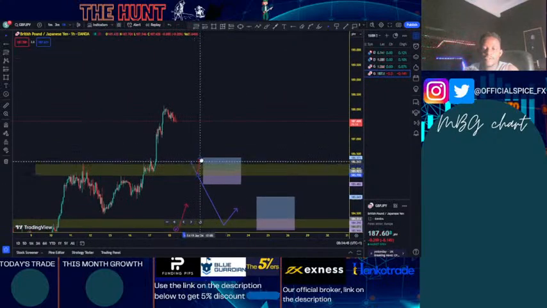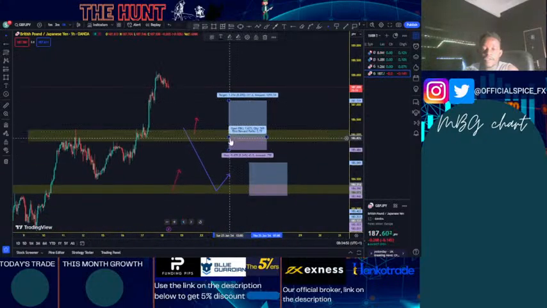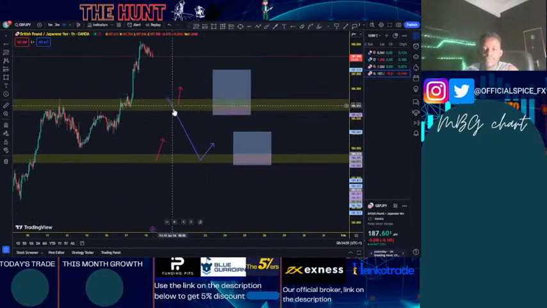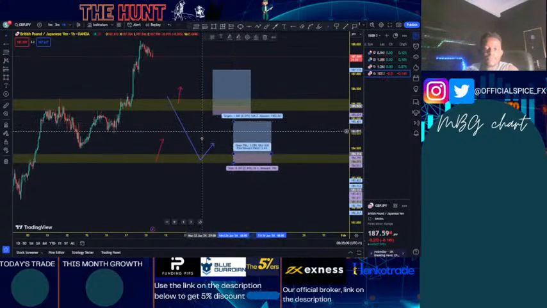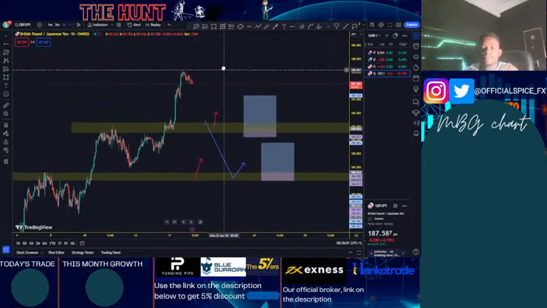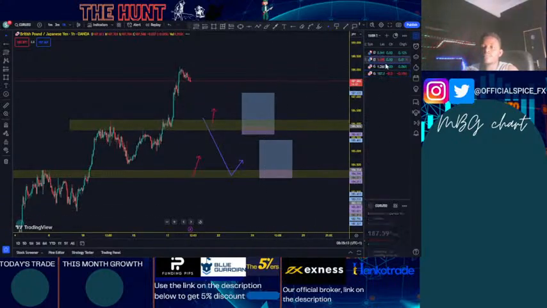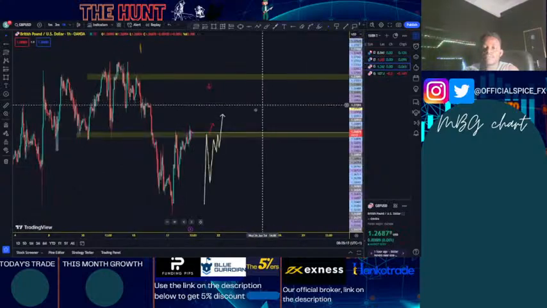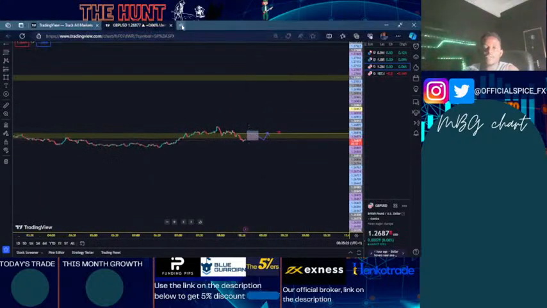So the same thing, still looking for JPY to present an opportunity right here today, or price moves all the way to this point here. The same thing right there. So we'll see. Let's check if there's news today.